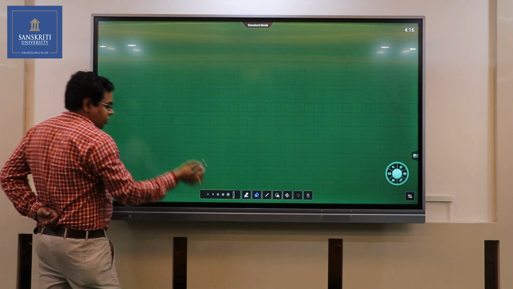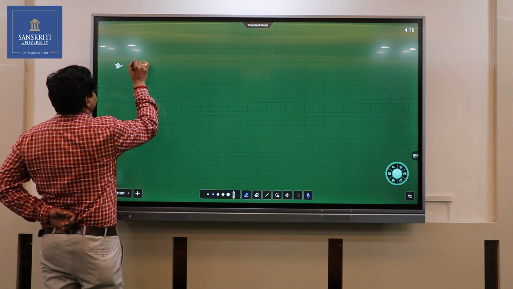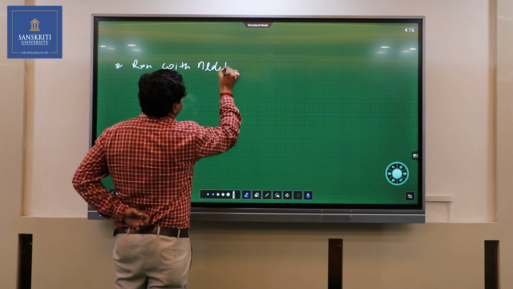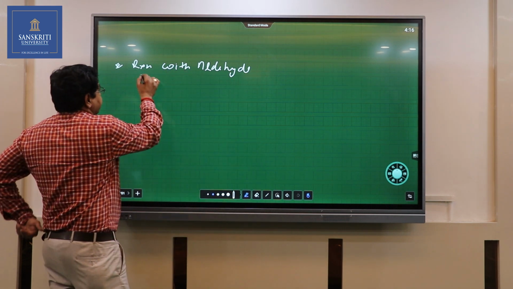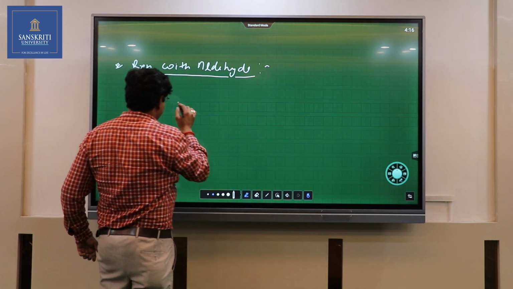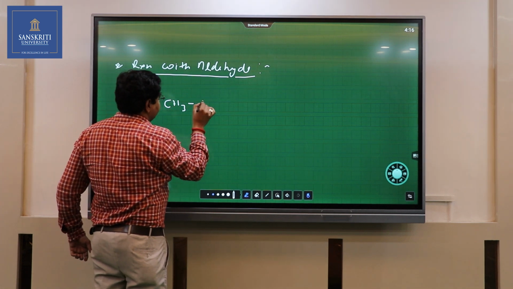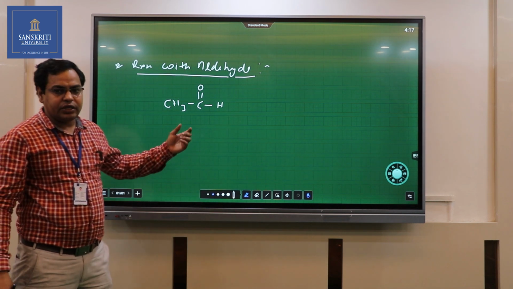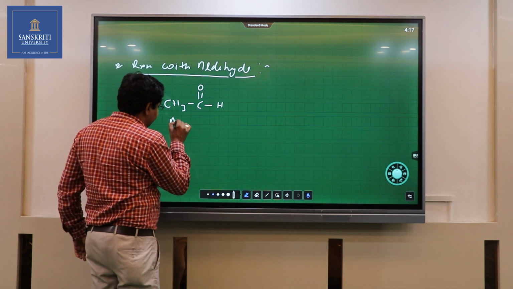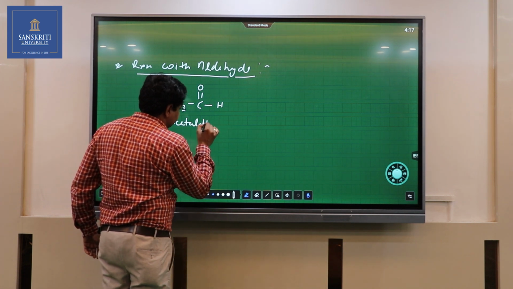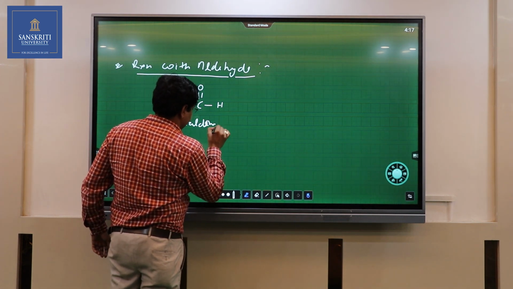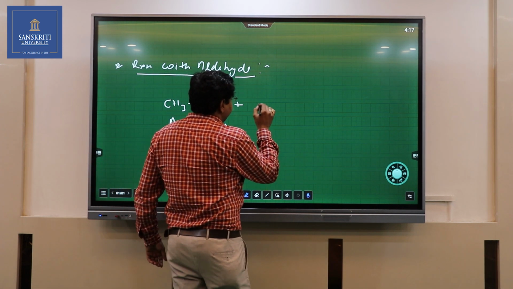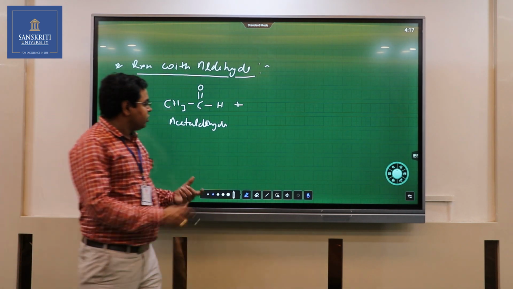Reaction with aldehyde: CH3CHO. This is called acetaldehyde, reacted with an aryl compound.